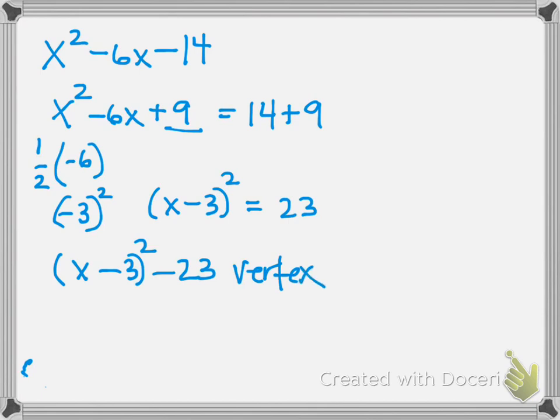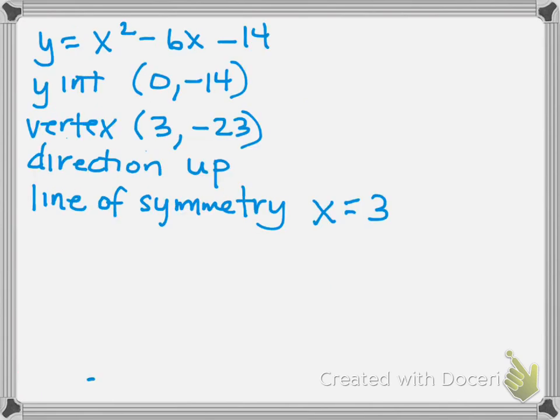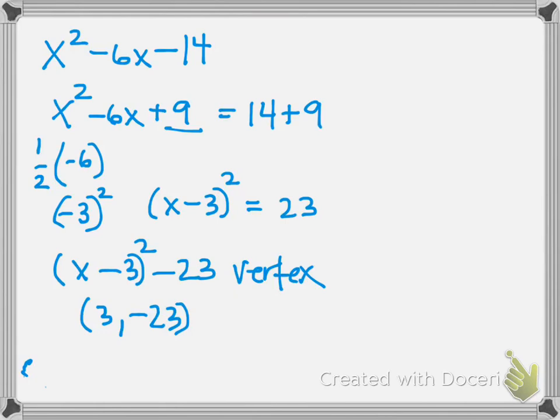So the vertex is (3, -23). See? Just like we found it in standard form. All this information should be the same. We can check our information.